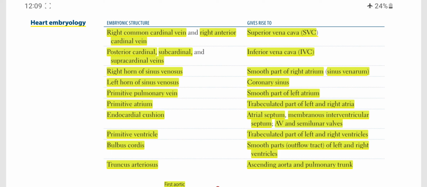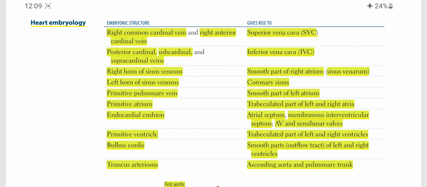Primary pulmonary vein gave rise to the smooth part of the left atrium. Then we have primitive atrium, which would lead to the trabeculated part of the left and right atria.